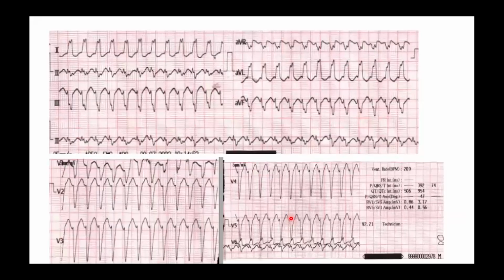When you see an LBB morphology with late transition at V5, V6 and left axis deviation, always keep the differential diagnosis of atrioventricular tachycardia in mind, because the pathway inserts into the apical region, so late transition is possible. The main differential diagnosis will be SVT with aberrancy, atrioventricular tachycardia, and ventricular tachycardia. We can come to the diagnosis after doing the EP study.